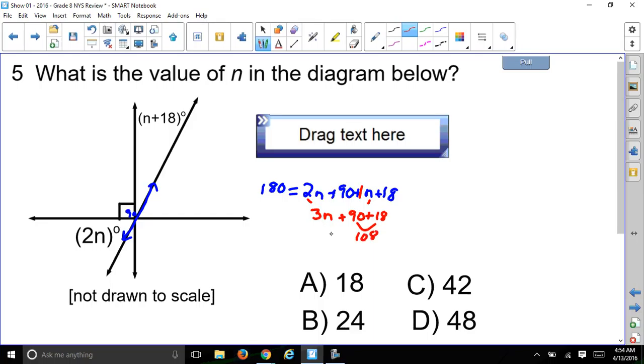So we have 3n plus 108 equals 180. Now let's do a little transposing. Minus 108 from both sides. Minus 108. That'll give us 72 equals 3n. Now divide by 3.